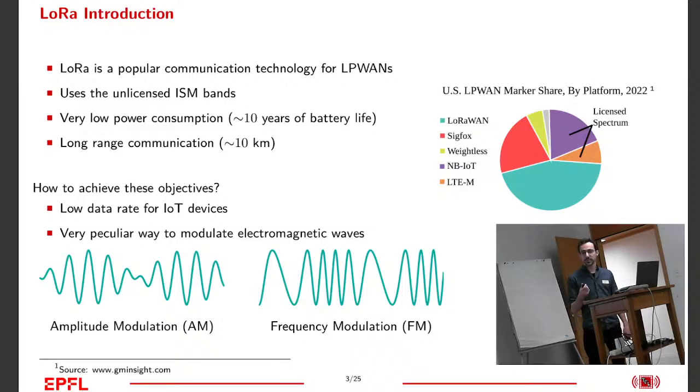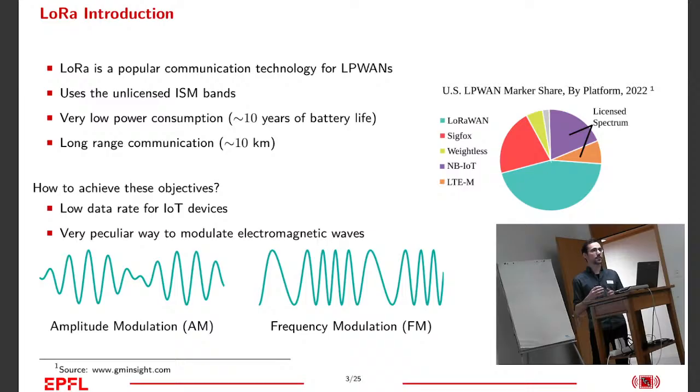So how do we study it? Having a prototype that really transmits, to verify that it works in the real world, is very important for us, and software-defined radio is a type of radio that is very versatile.